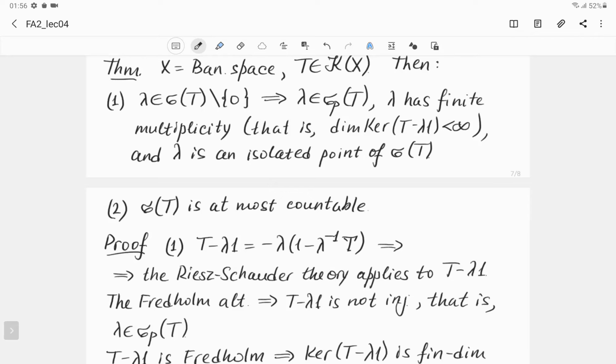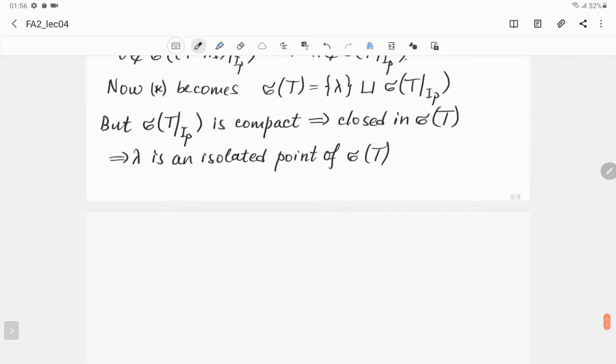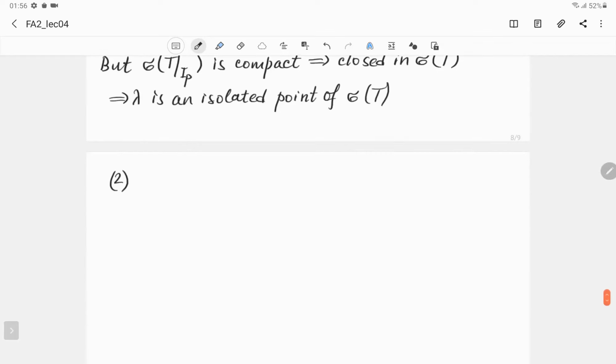And now to show that the spectrum is at most countable, essentially this is immediate from part one. Indeed, for each natural number n, let Kn denote the intersection of the spectrum with the complement of a suitable neighborhood of zero: the intersection of the spectrum with the set of those lambda such that the absolute value of lambda is greater than or equal to 1 over n.